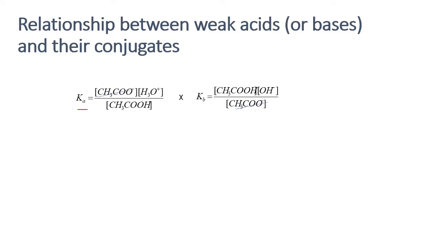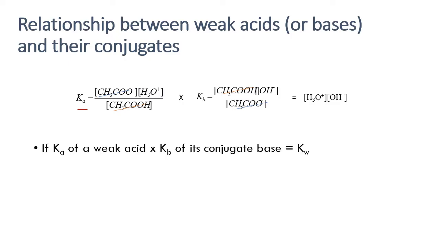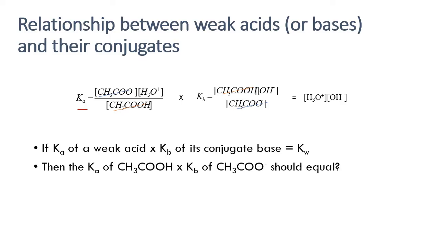The terms in the numerator and denominator can cancel, leaving us with Ka times Kb being equal to hydronium ion concentration times hydroxide ion concentration, which we know to be Kw. So the Ka of your weak acid and the Kb of its conjugate base should give Kw.